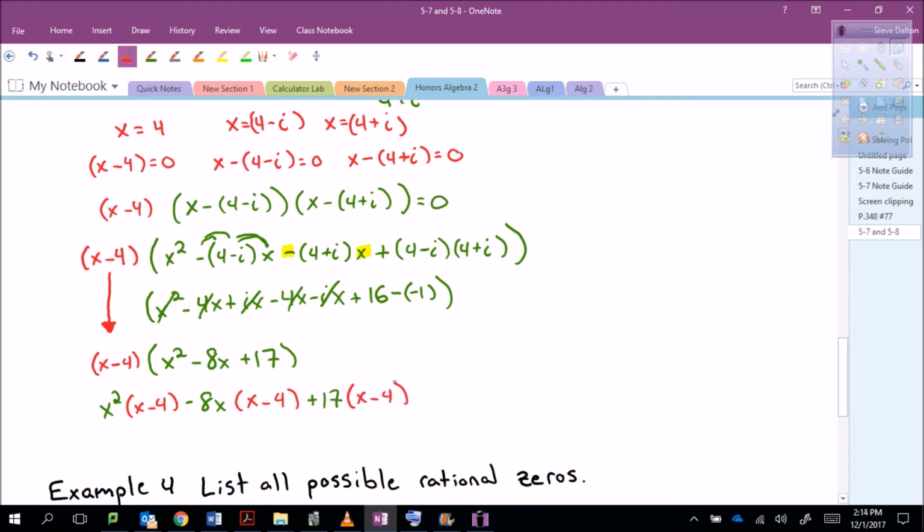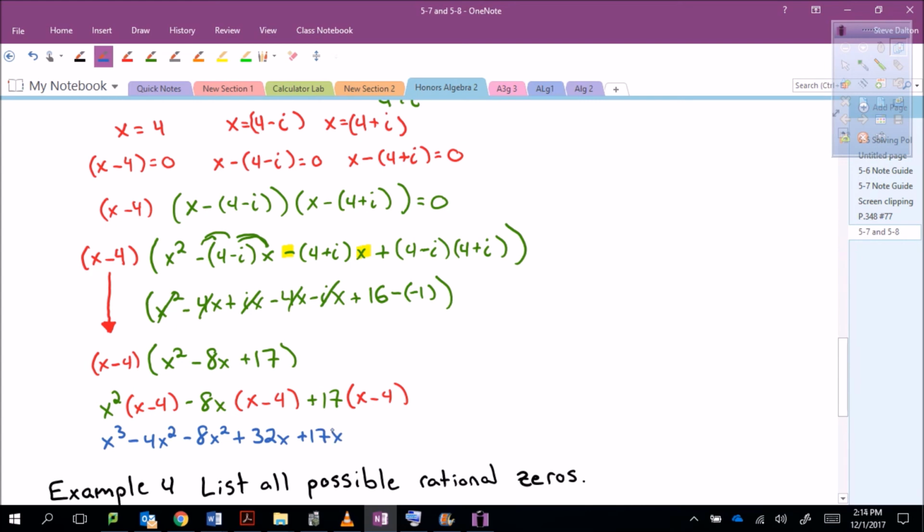Now all I have to do is distribute and combine like terms one more time. So this becomes x to the third minus 4x squared, distributing there. This becomes negative 8x squared, and two negatives make a positive, so it's going to become positive 32x. And then 17 times x, so that's going to be 17x.